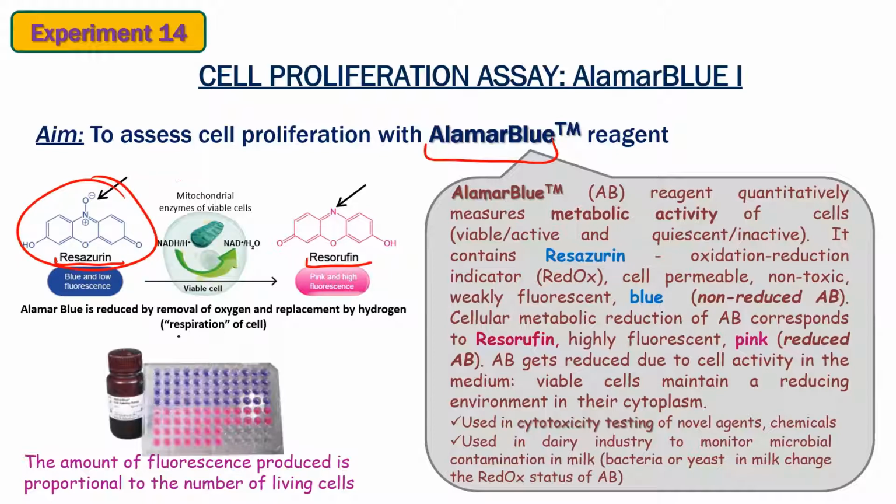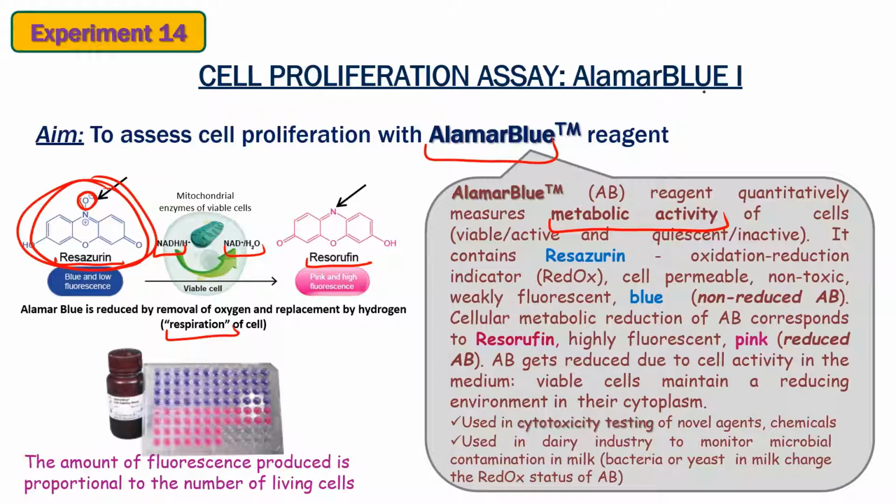Because live cells breathe, and the breathing includes the conversion of specific molecules that can reduce this molecule. So we lose this oxygen here and change it to hydrogen. And this transition between these two steps is highly dependent on the metabolic activity of the cells.